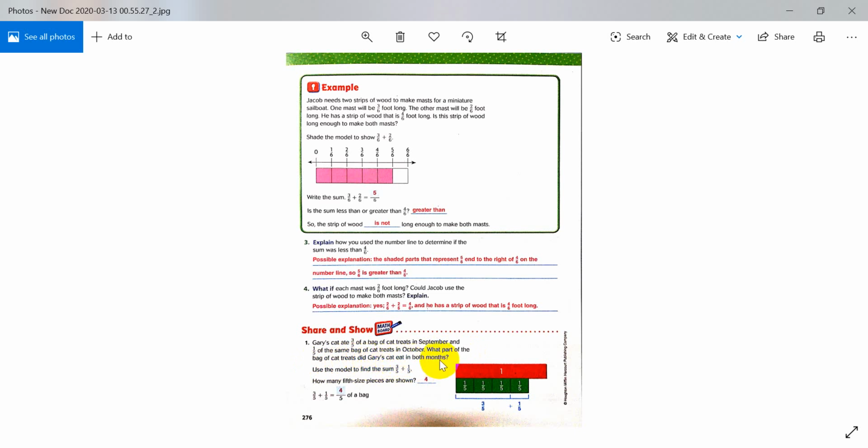When we say "and" or "both", then you know that you must add. Okay? Use the model to find the sum 3/5 plus 1/5. How many fifth size pieces are shown? Here we have 4 parts. Then we have the answer 4/5. 3/5 plus 1/5 equals 4/5 of a bag.